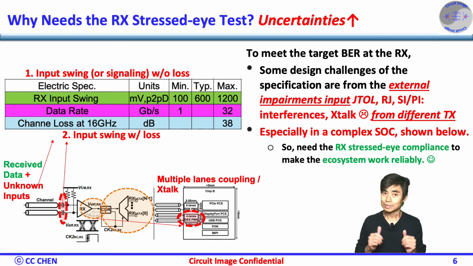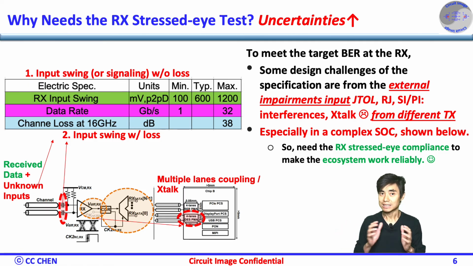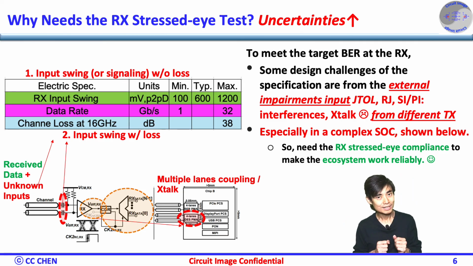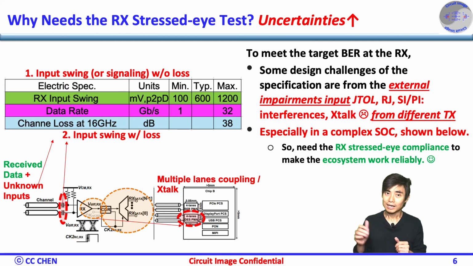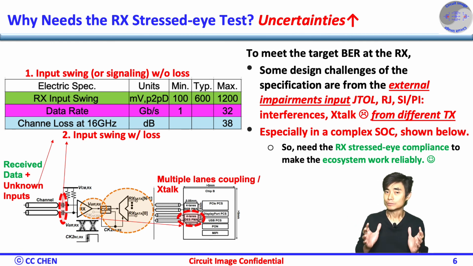The RX must receive different TX in the ecosystem and work reliably error-free over different unexpected external impairments in the whole service system. To make sure the RX can work in such severe conditions, people define a stress eye calibration so that all the link partners in the ecosystem know the RX performance margin.